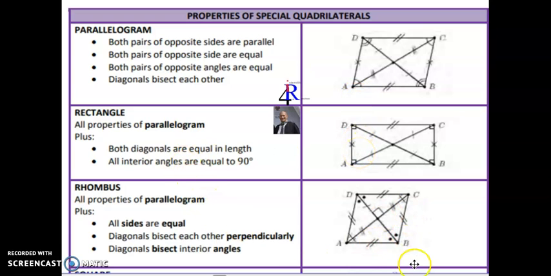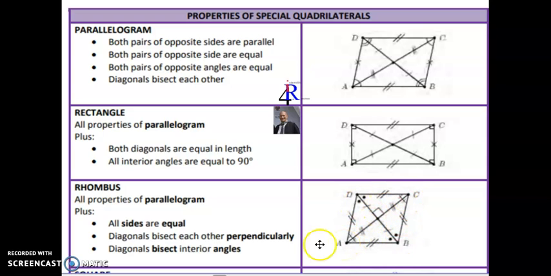When I work with a rhombus, all the properties of a parallelogram once again apply, but I need to understand that all sides are equal. The diagonals bisect each other at 90 degrees, but remember, the one diagonal will be longer than the other.